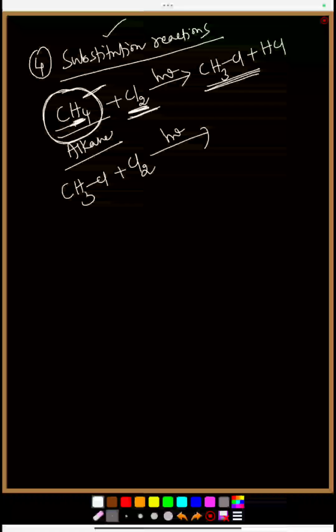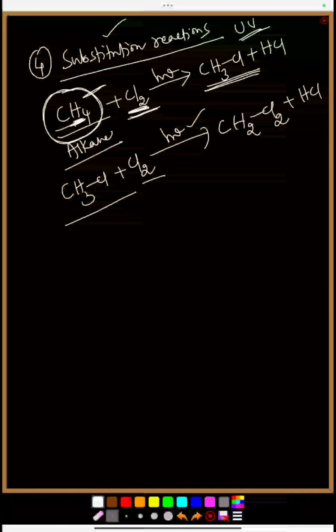This reaction happens in presence of sunlight. In some books they will give you ultraviolet rays like UV. Either hv or UV you will get. The CH3Cl again reacting with Cl2, you will get CH2Cl2 plus HCl. I told you, until the hydrogens finish from the hydrocarbon, this substitution will happen.